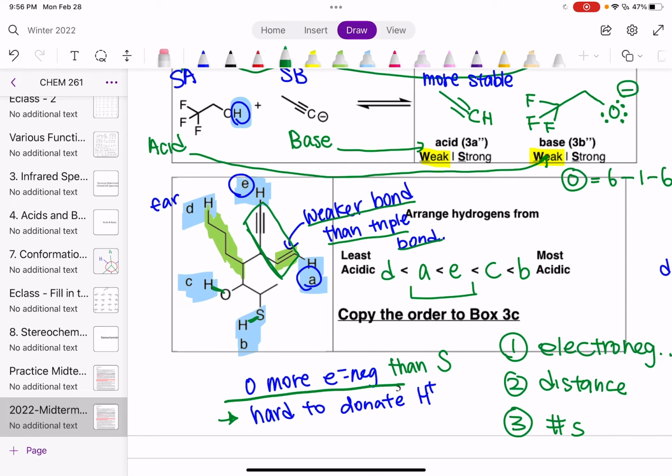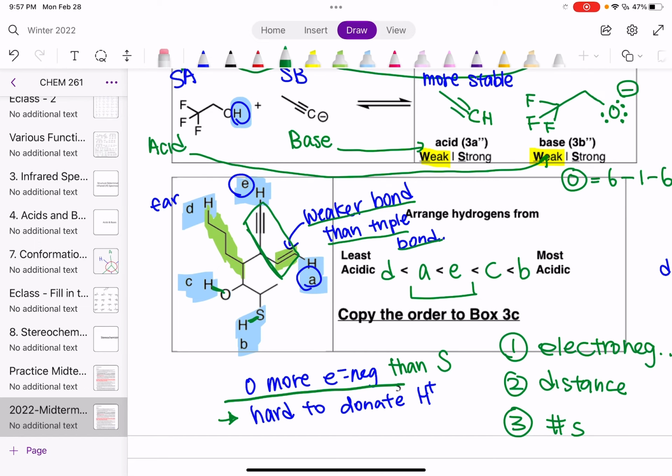Okay, so weaker bond than the triple bond. Oh, it's not that. Okay, so I explained it wrong because it's the wrong example. So here, just rewind that. I can't even edit my own video. Probably too lazy, or I can try to edit it out, but it's probably weird.